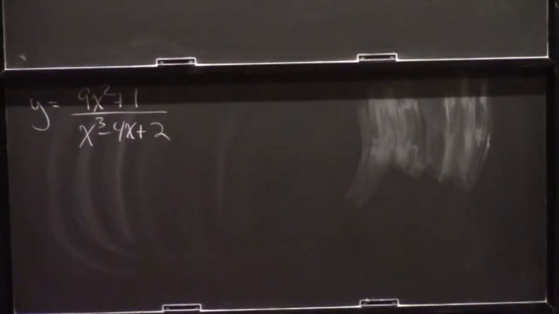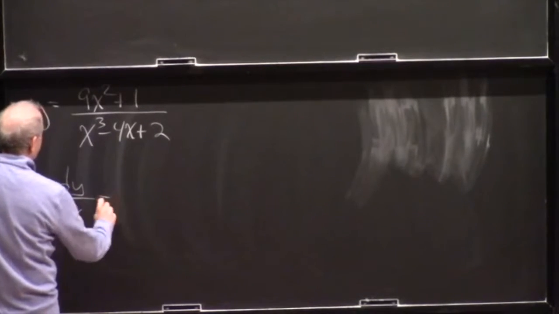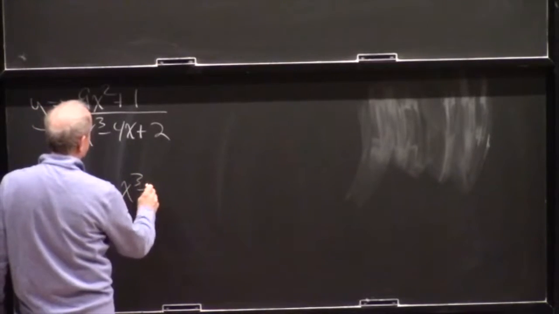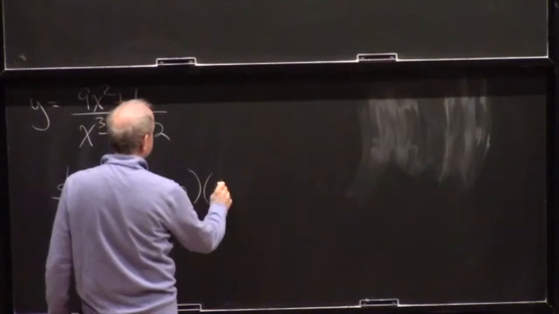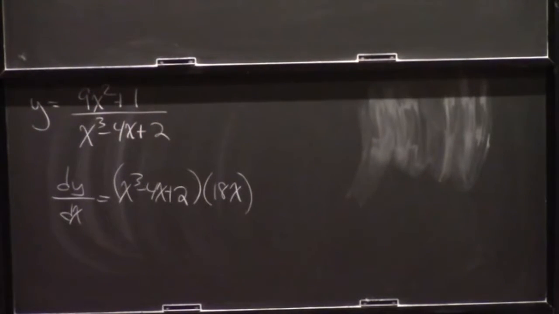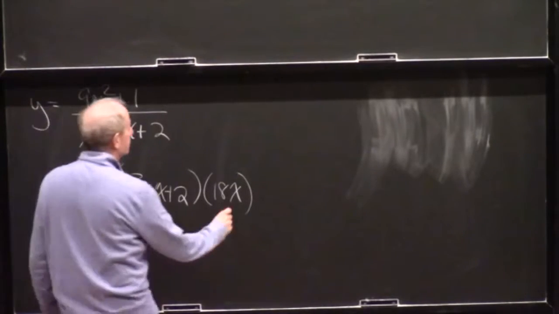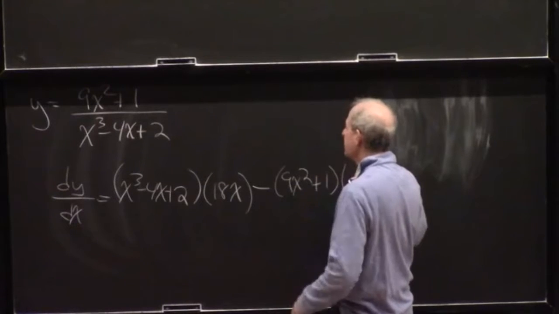This is quotient rule, but no chain rule, just quotient rule. So remember what you do. It is the bottom function times the derivative of the top function, minus top function times the derivative of the bottom function.